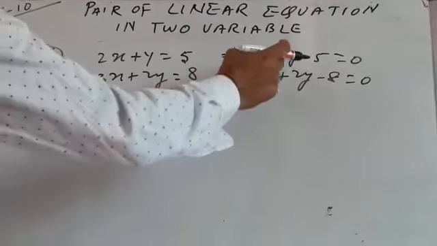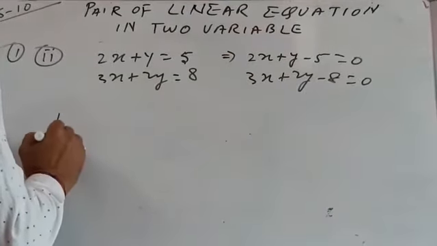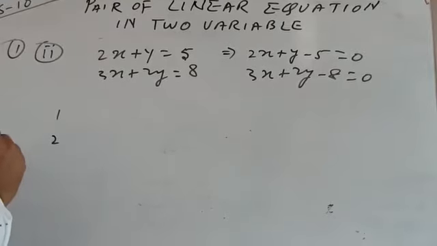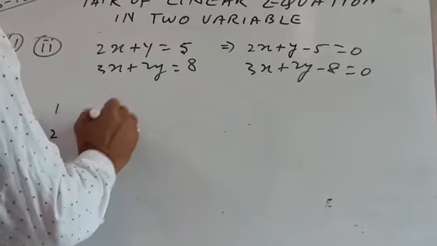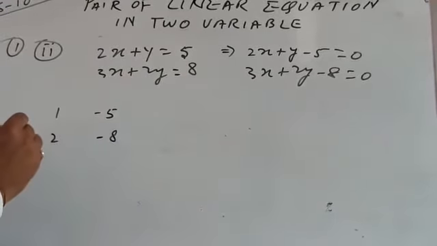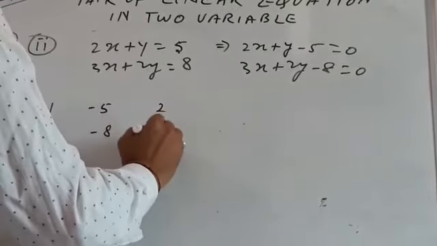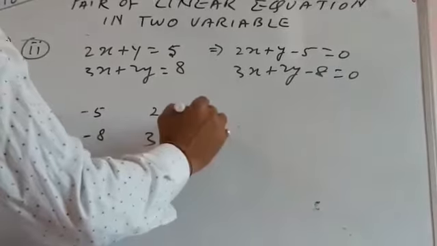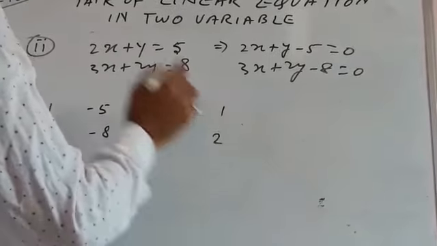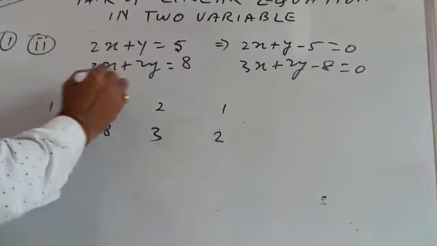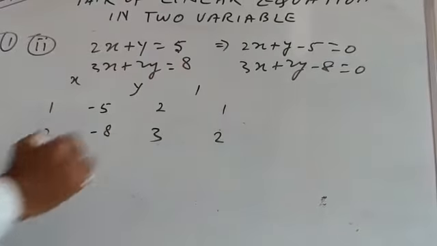So what are b1 and b2? Here they are 1 and 2. Then c1 c2, which is minus 5 and minus 8. Then a1 a2, which is 2 and 3, and again it ends with b1 b2, which is 1 and 2. Now write here x, here y, here 1.